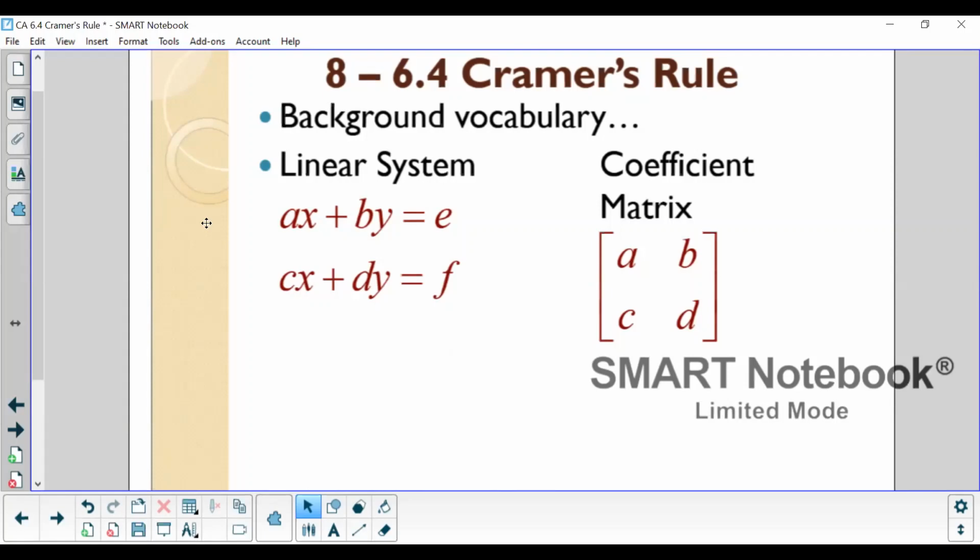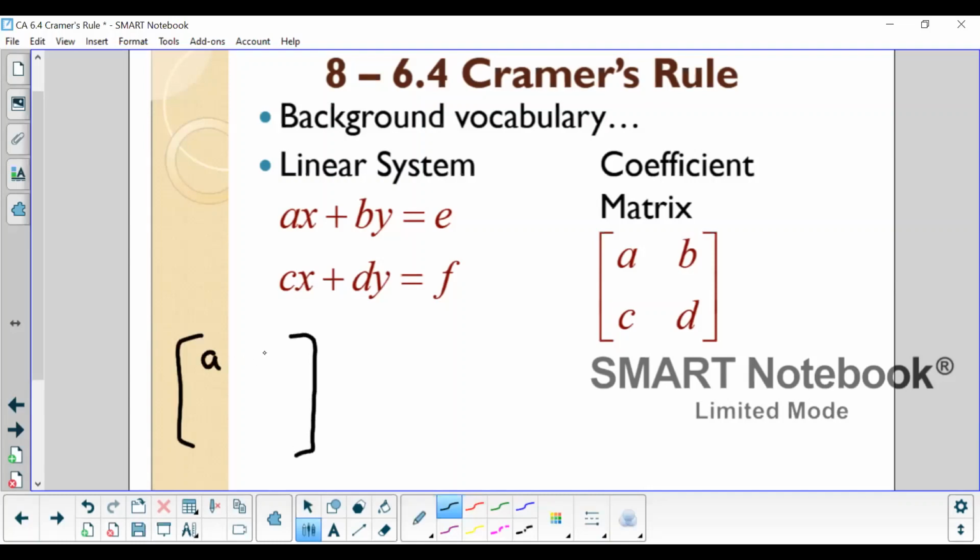And the way it's going to start out is with a coefficient matrix. So I'm going to make a matrix with just the coefficients from the x's and y's. So the first row will be a and b, and the second row is c, d. So this is a coefficient matrix.